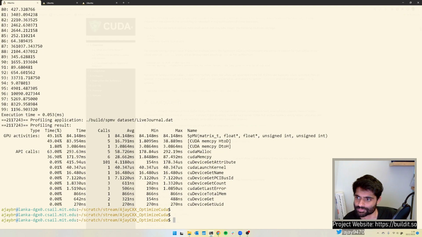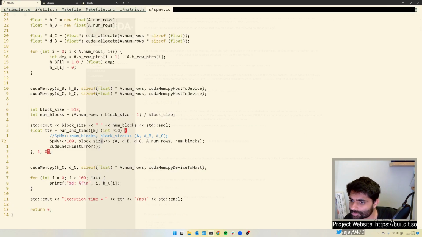That's a lot of garbage values, so the kernel did not run.